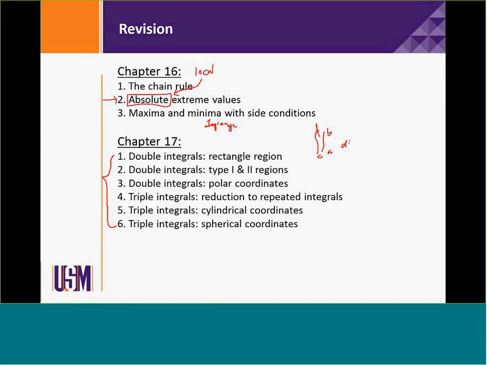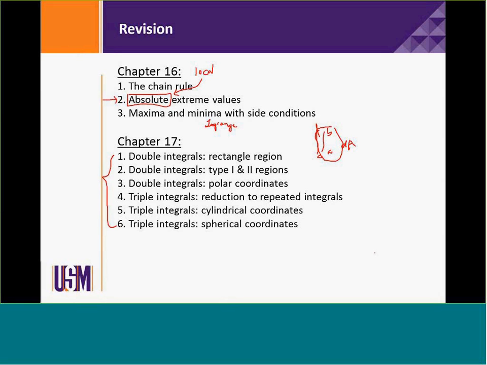When you have type 1 or type 2, that means the limits are not constant, you have a function. And you should know how to convert to polar coordinates for a double integral. Triple integrals is a normal triple integral in Cartesian coordinates, another question in cylindrical coordinates, and another question in spherical coordinates.